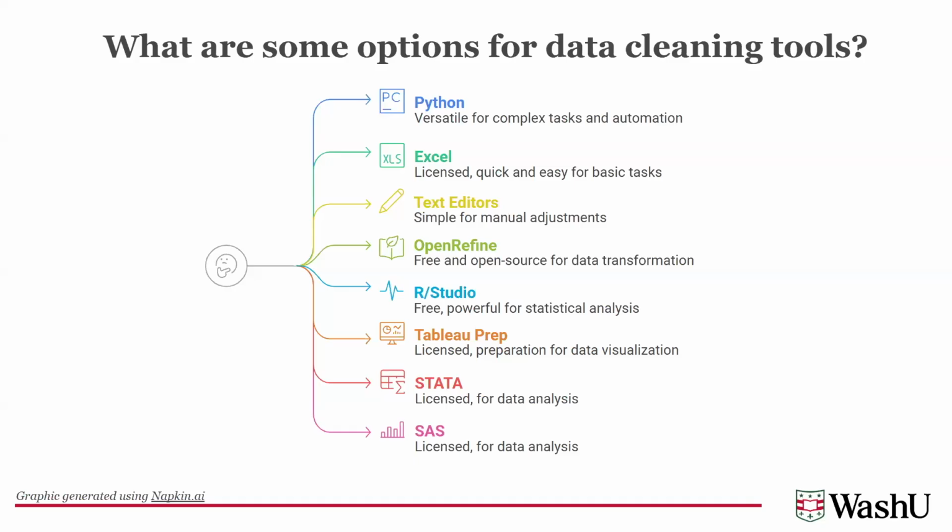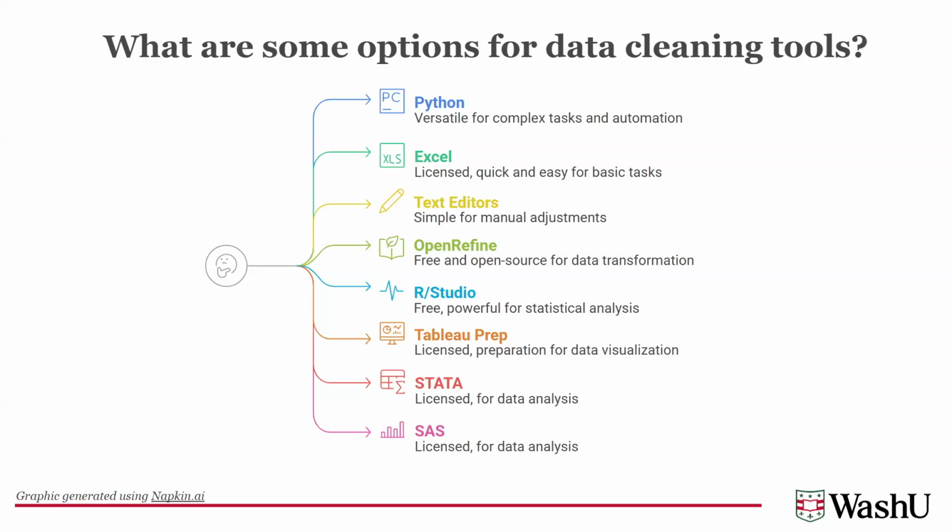You may already be familiar with the product Excel, which is a licensed product, but good for just opening up data, taking a look at it, and doing quick basic tasks. You can always use text editors if it's something super simple that you need to adjust. And then there's a lot of other applications that require separate downloads onto your machine.